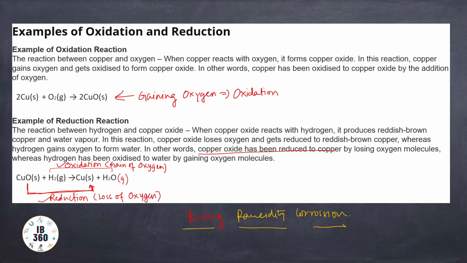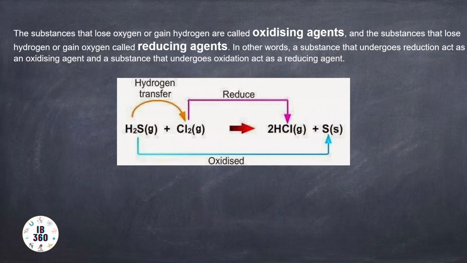Then we will talk about oxidizing agents and reducing agents. Here the definition is a little bit complex. You can understand this concept in such a manner that oxidizing agents help in oxidation of the other reactant.